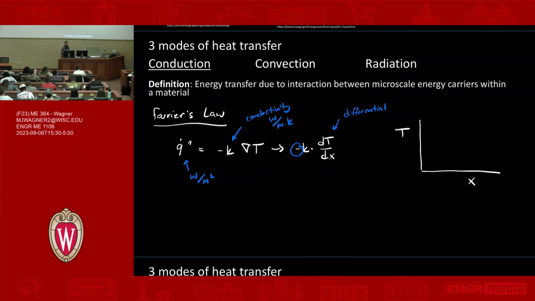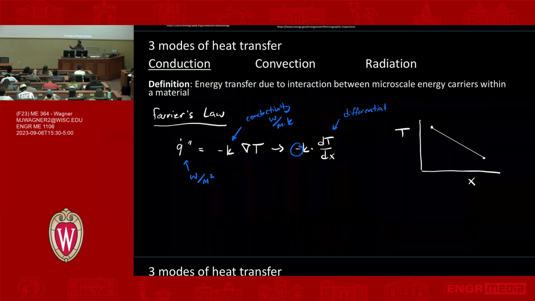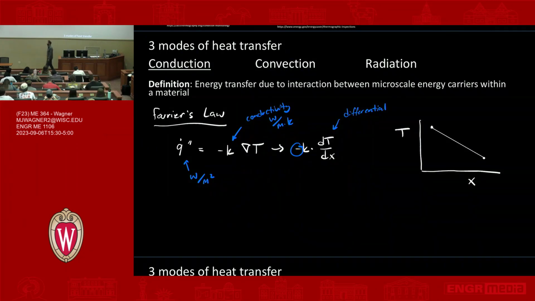I mean, it's intuitive. So hot to cold, you'd have a temperature up here, temperature down here, and we can connect those two. So this is our temperature profile. So if you look at this, right, dT dx, what is dT dx? It's negative, right? So being a negative gradient, that's, by our definition, in the positive x direction. That means it's got to be a minus sign in front of that differential operator, right? So it just comes out of our definition of heat flow as going from hot to cold.